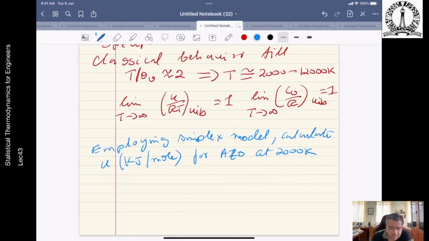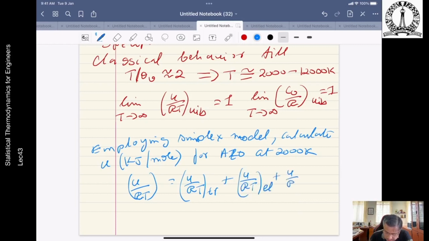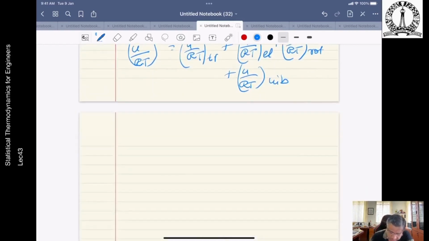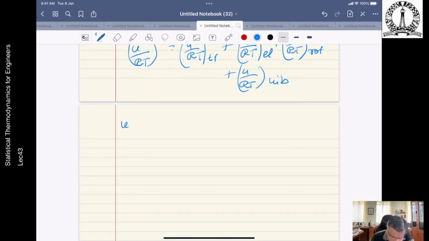So U by RT is equal to U by RT translational plus U by RT electronic plus U by RT rotational plus U by RT vibrational. The translational component, as we all know, is U by RT translational equal to 3 by 2.